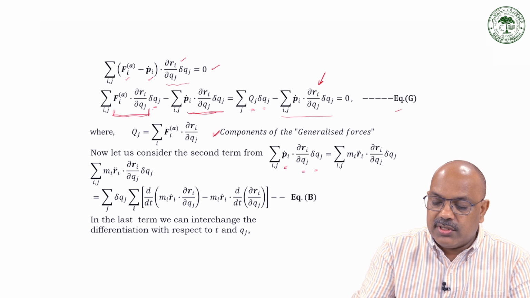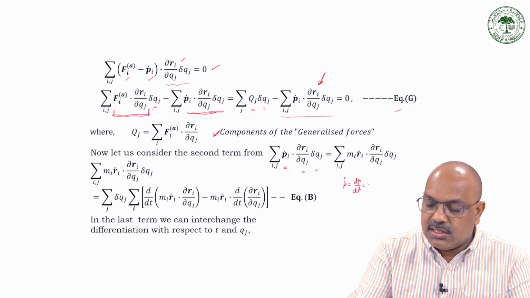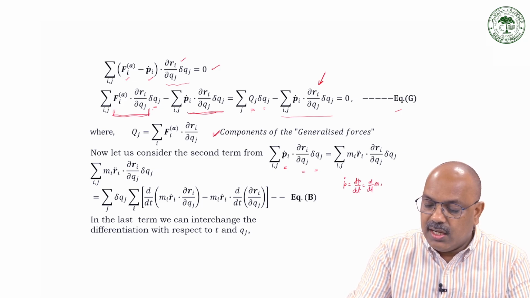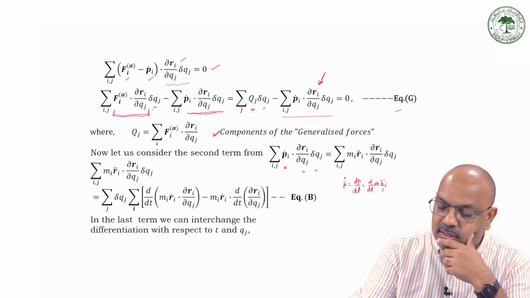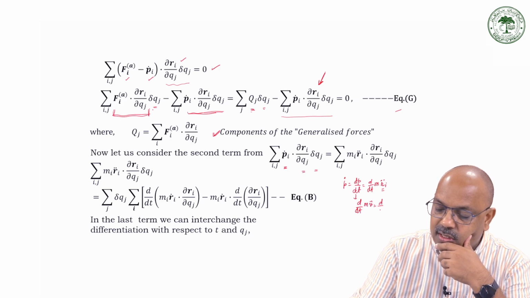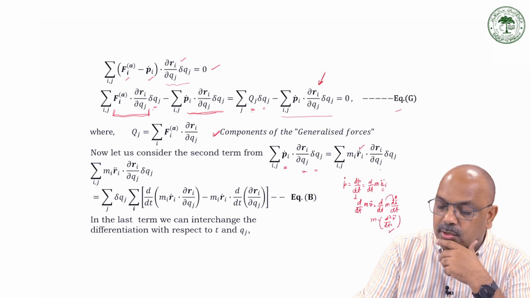I can write p dot as d by dt of the momentum, which is d by dt of m times R i dot, that is, m times acceleration. Since m is constant, this is m times d2 r by dt square, which is r double dot, and this is multiplied by delta r upon delta qj.